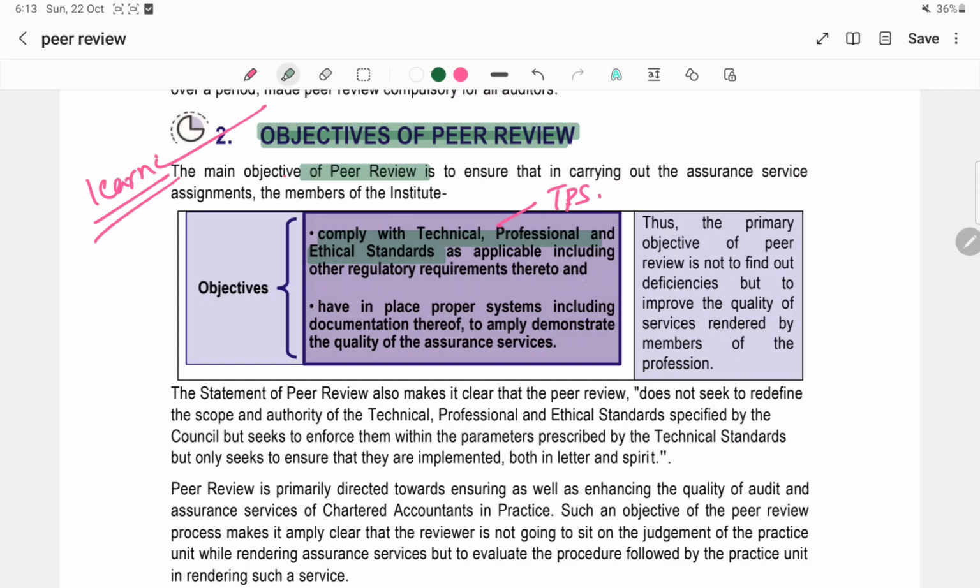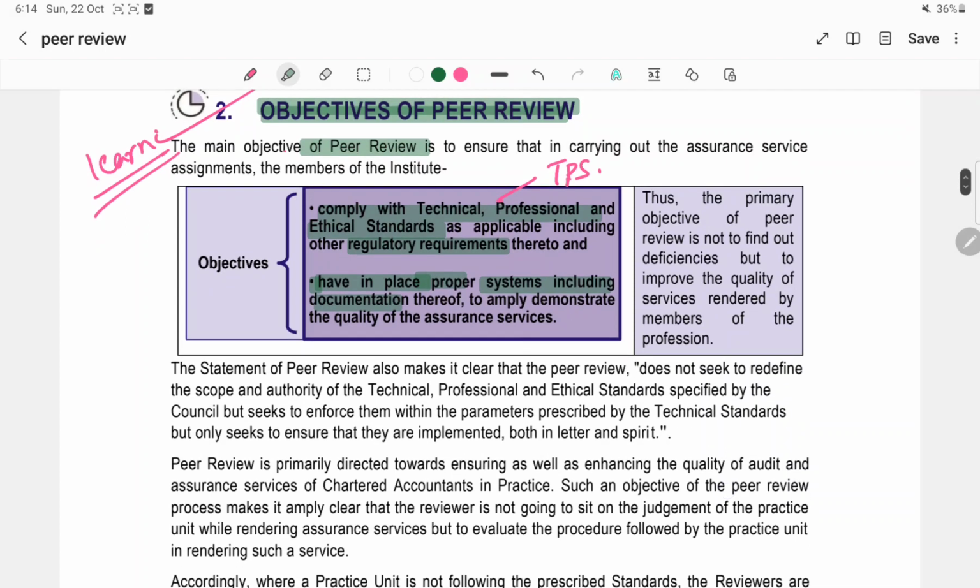So we have to comply with the TPS and regulatory requirements also. Regulatory requirements are related to law and regulations, so everywhere this needs to be complied with. So this was the basic point. The second objective is that the unit should have in place proper systems including documentation, that is, proper documentation and all should be done.